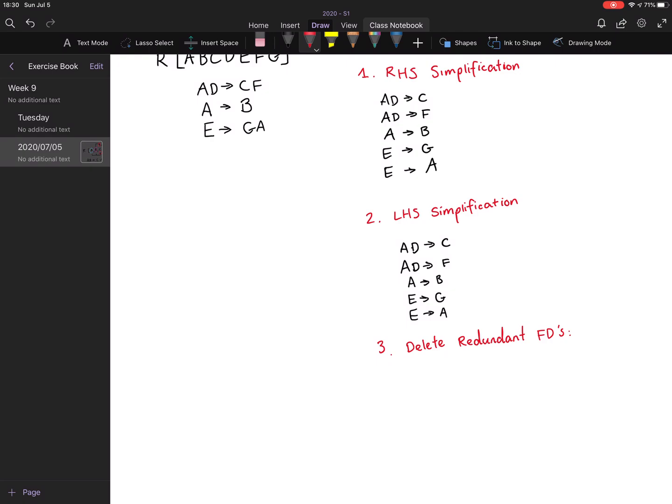What does that mean? It basically means to pretend that there is no such left-hand side for each functional dependency. If there is another way to get right-hand side with the remaining functional dependencies, then remove that entire functional dependency.